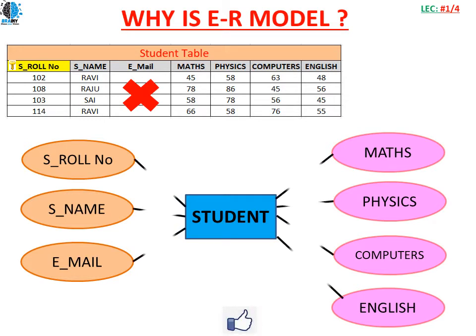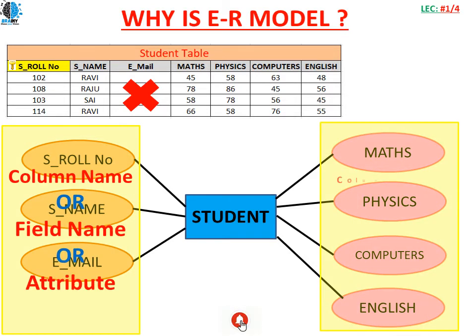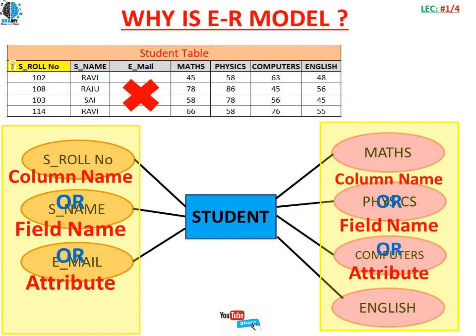All these are the different fields of this student table. So student is an entity, whereas roll number, student name, email address, and subjects mathematics, physics, computers, and English are the attributes of this entity student. These are my column names or field names or attributes.